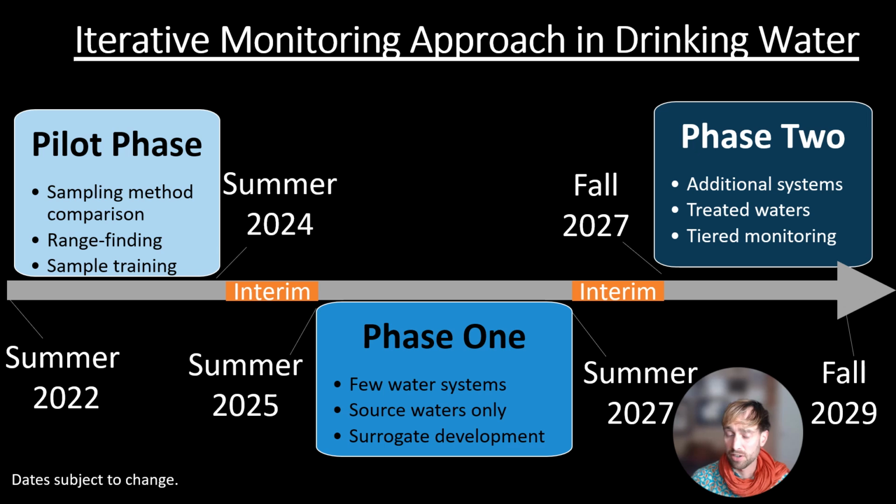Understanding this limitation of our standardized methods led us to the development of an iterative monitoring approach for testing microplastics in California's drinking water supplies, in which we are going to mostly be focusing on the source waters for the first 2 years, shown in phase 1, and looking for microplastics in treated drinking water starting in about 2027 or so, once we have additional, more sophisticated methods that might be able to get those particles that are breaking through the treatment processes.